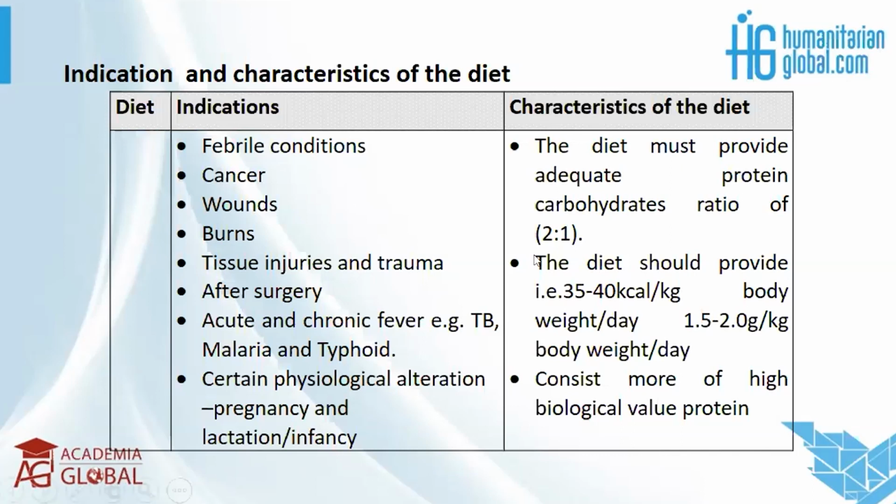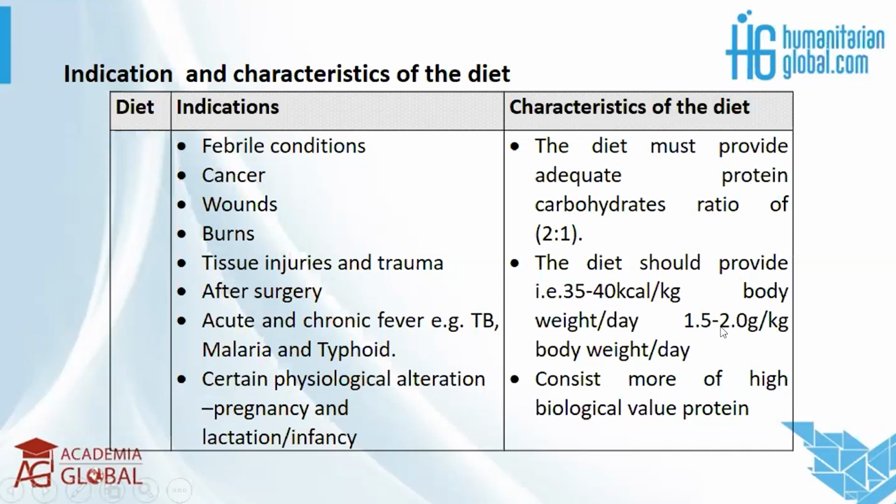Characteristic of the diet there is that the diet must provide adequate protein to carbohydrate ratio of 2 to 1. You are being told if it's a ratio of protein to carbohydrates, it should be 2 to 1. The diet should provide enough calories, that is 35 to 40 kilocalories per kilogram of body weight.